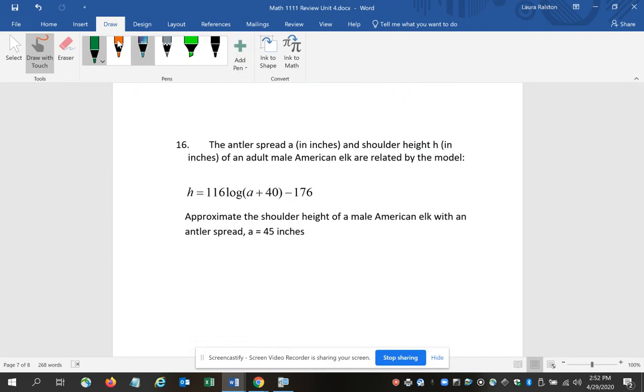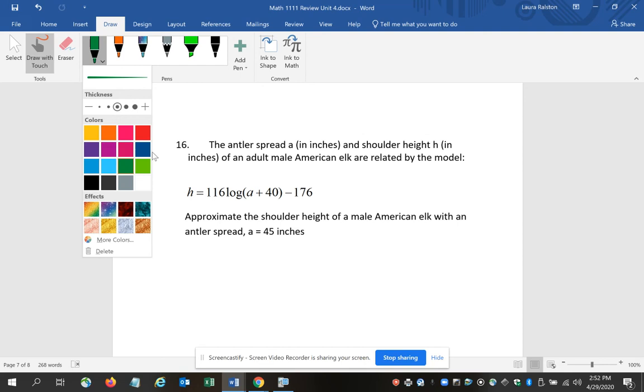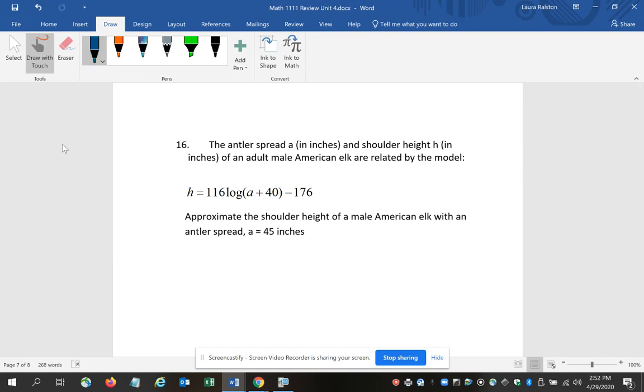The last one is a logarithmic problem, where they give you the formula. It says the antler spread, A, in inches, and shoulder height, H, in inches of an adult male American elk are related by the model H equals 116 times the log of (A plus 40) minus 176. It wants us to approximate the shoulder height of a male American elk with an antler spread A equals 45.